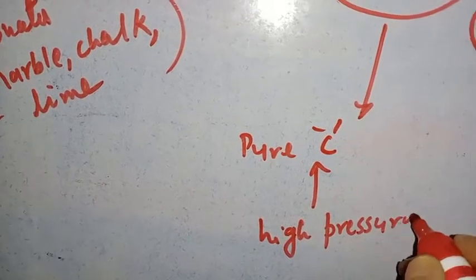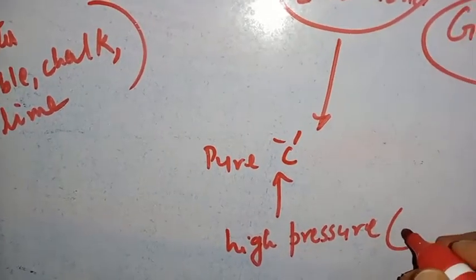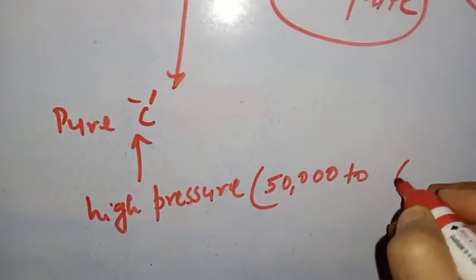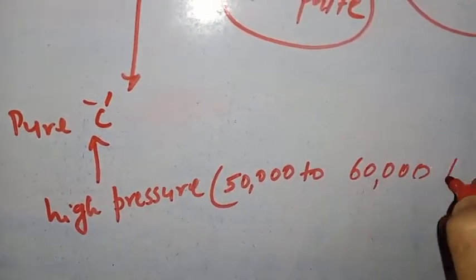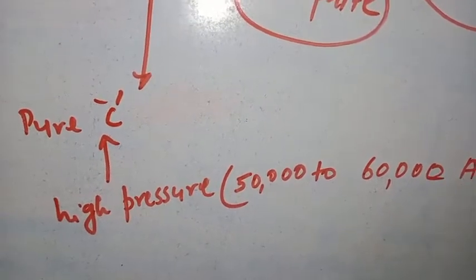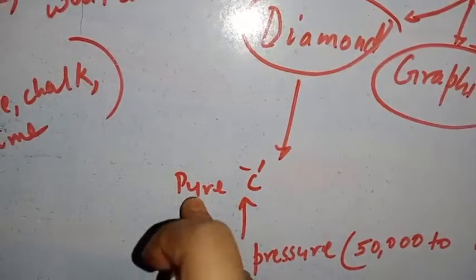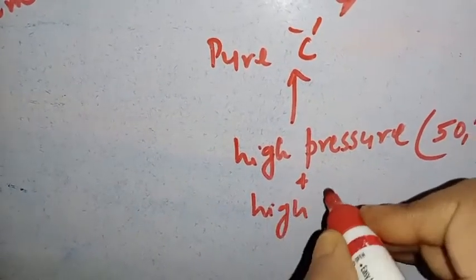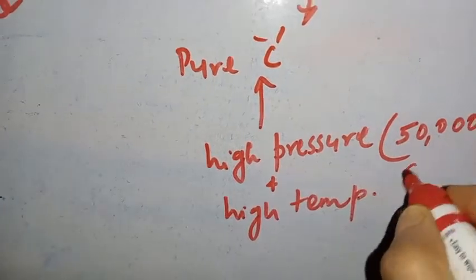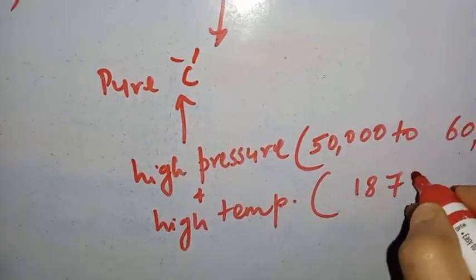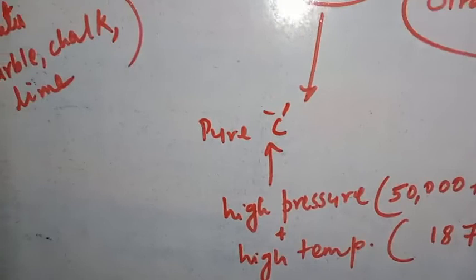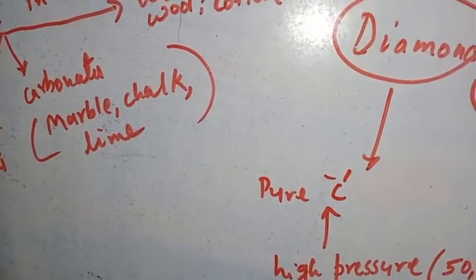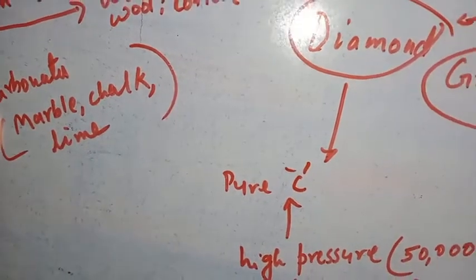You have to apply almost about 50,000 to 60,000 atmosphere pressure to the pure carbon, along with a very high temperature of about 1873 Kelvin.